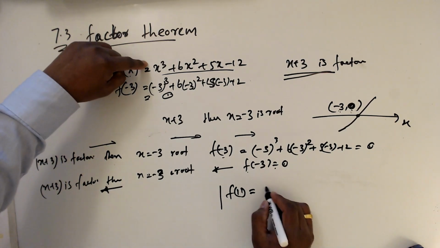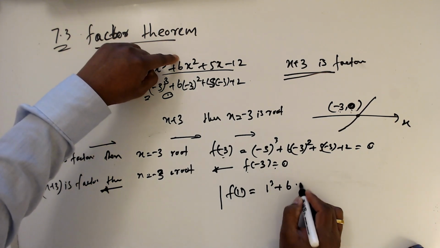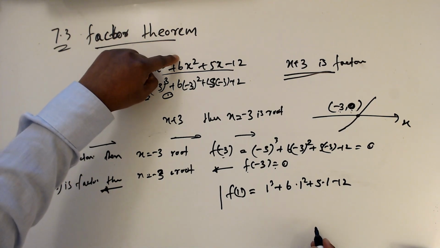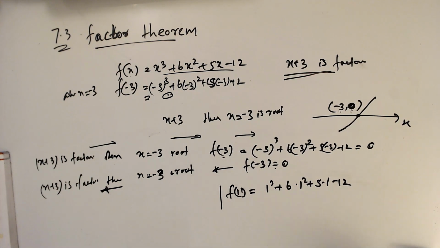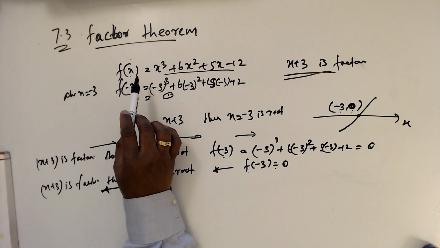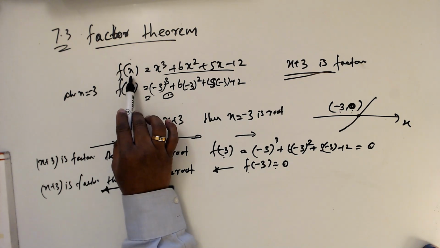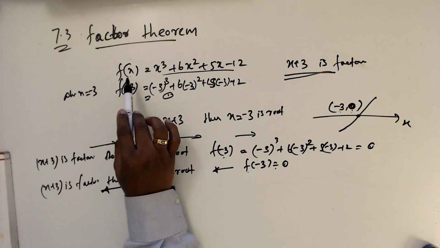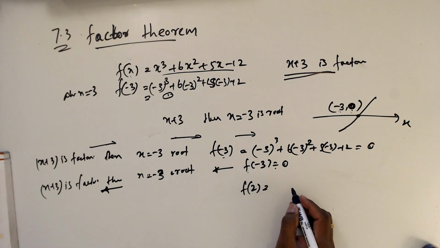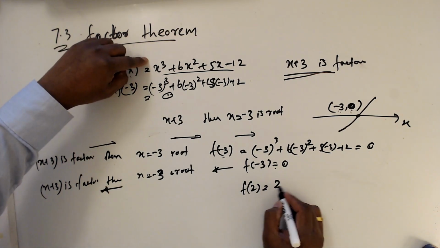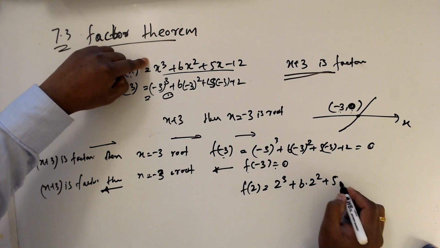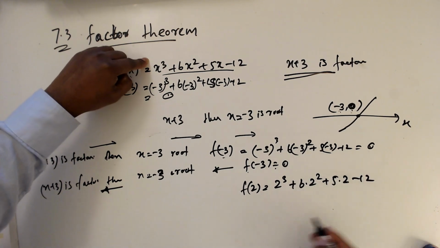Sorry, for a reason I'm going to change this value. I will take x equal 2. So I'm going to find f(2). Then 2 cubed plus 6 times 2 squared plus 5 times 2 minus 12.